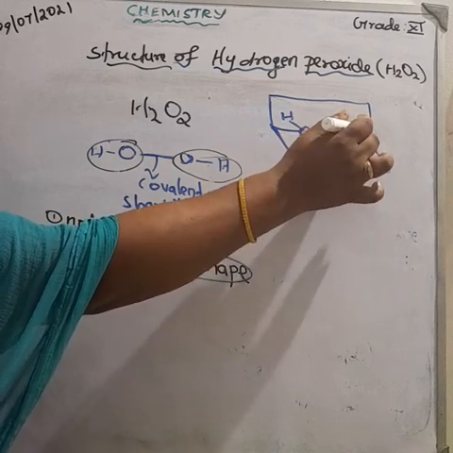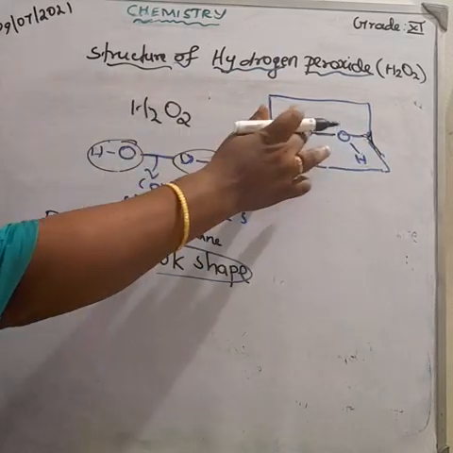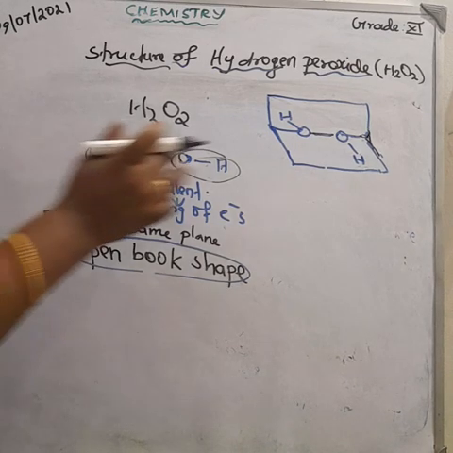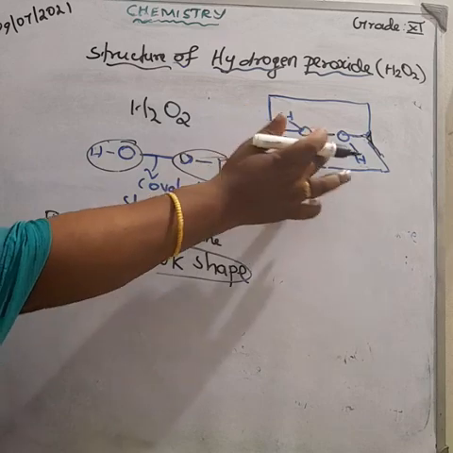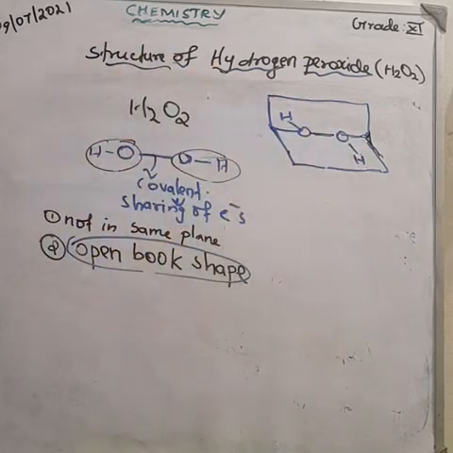Understand? The hydrogen atoms lie on the open pages of the partly open book. So this is the structure of hydrogen peroxide.